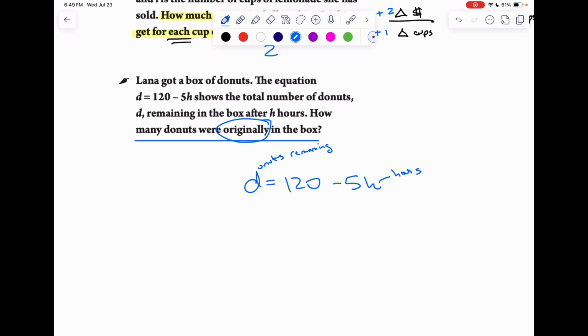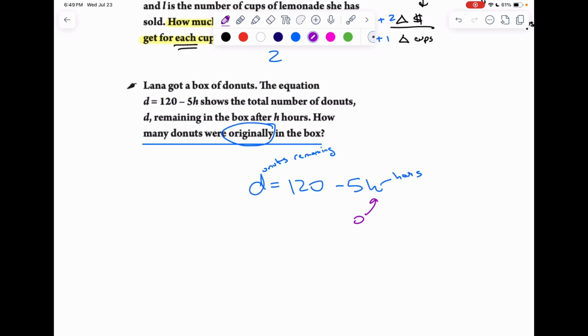So originally means how much were in there after 0 hours. Think about popping in a 0 for your H. You'd get D equals 120 minus 0, or 120. They're asking us for the original amount, how much we started with before we started adding some hours in there. So our answer will be 120, our baseline, our y-intercept.